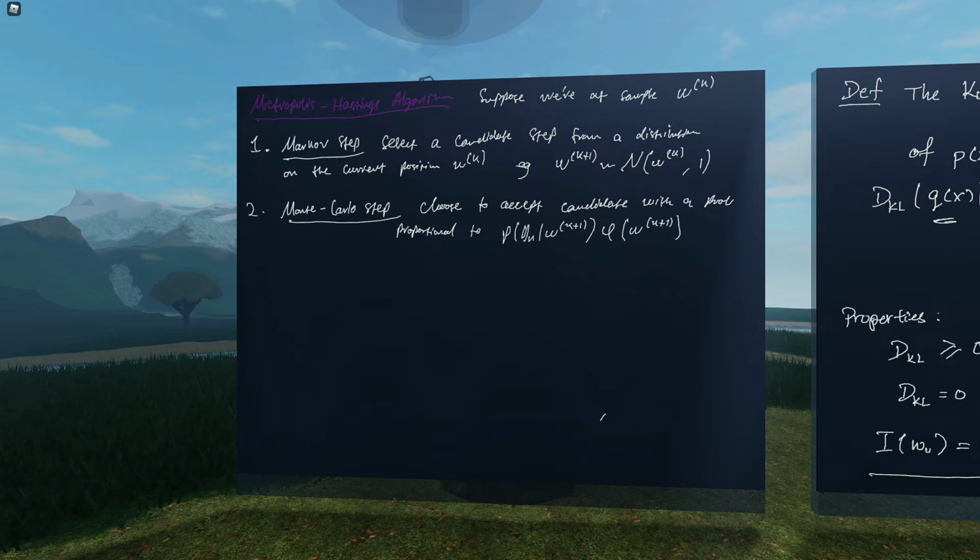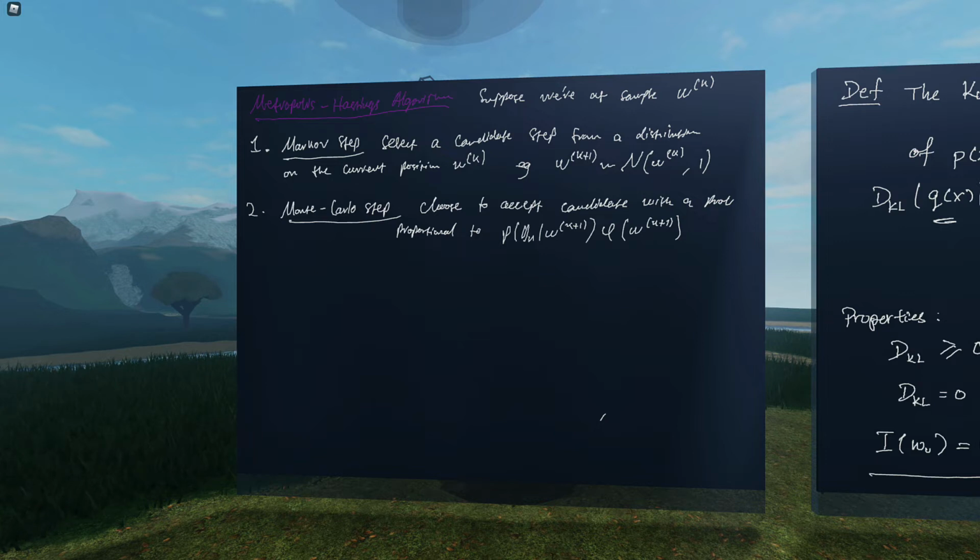Essentially, this is where we are able to use our model and prior to tell us whether we expect this new candidate to be good, whether it has a high likelihood according to the model and a high likelihood according to the prior, or whether it is bad.